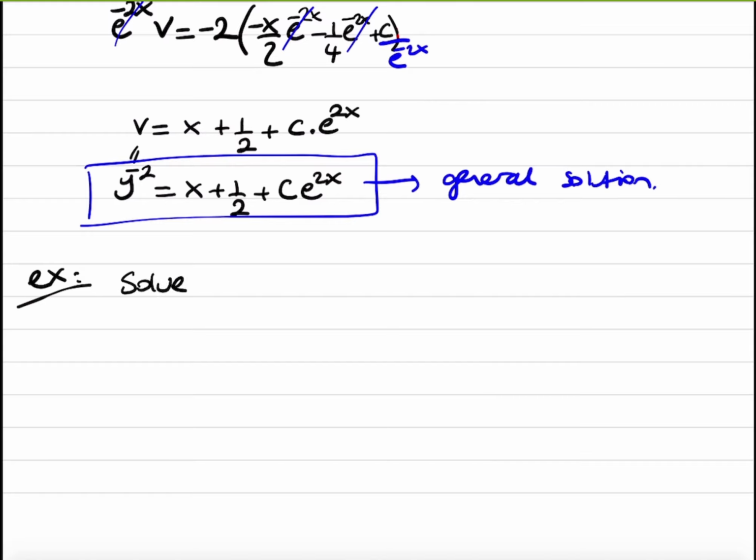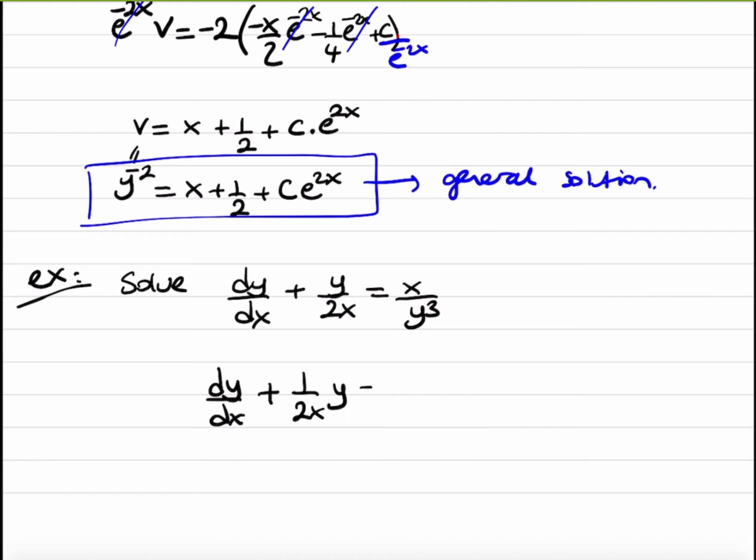Solve dy over dx plus y over 2x is equal to x over y cubed. Okay, this is a Bernoulli differential equation. We can write it like this: dy over dx plus 1 over 2x times y is equal to x times y to the power minus 3.